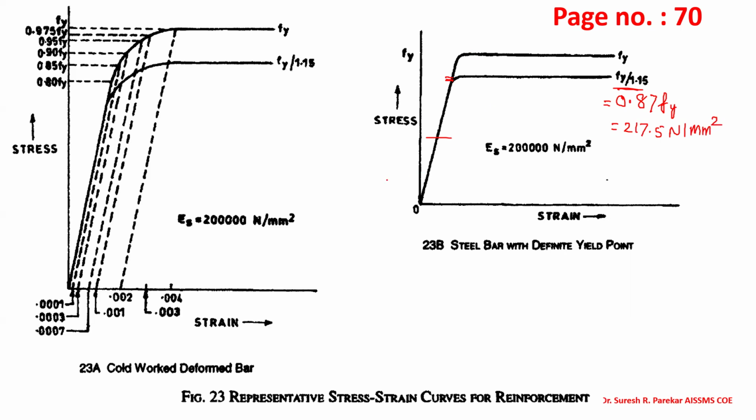But if we go to Tor steel, that is cold deformed bars, then we have it in this fashion. Now this will be 0.002, which we generally consider as the 0.002 proof stress. Now, what are these values? All these values given are inelastic strains.